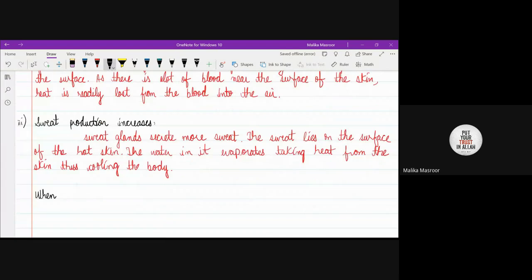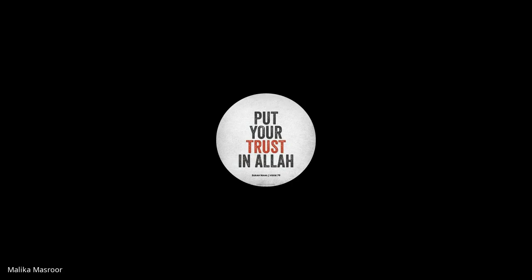When temperature falls, okay, muscles will contract in this. I think I have this written down.